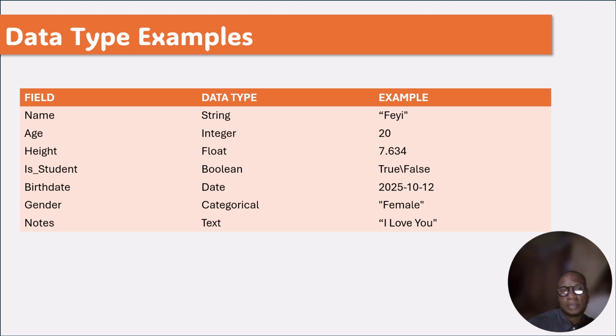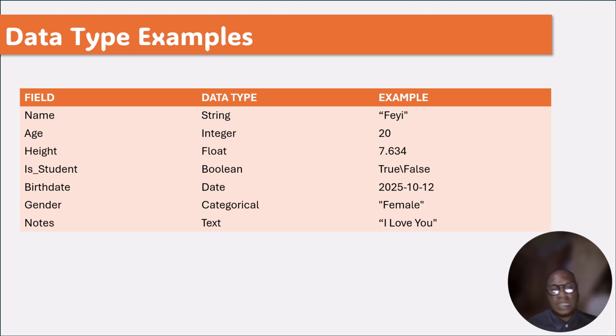Now for the data type example, if you look at it, the field here we have is name. I'm saying the variable now, that's the field. Sometimes you might have datasets where you have your customer ID, your customer name. Then we have the age of the person, or probably let's say this is a dataset about a student.